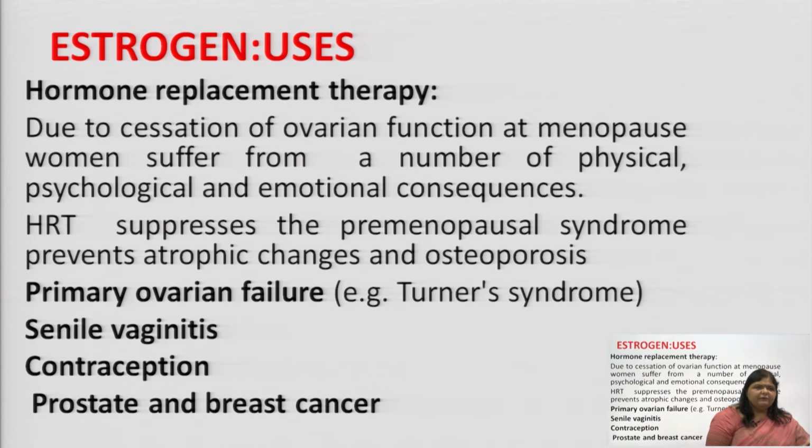Vaginitis means inflammation of the vagina. In that case also estrogens can be used so that the dryness of the vagina which occurs during vaginitis could be treated. Then they are also used for contraception in various contraceptive pills.